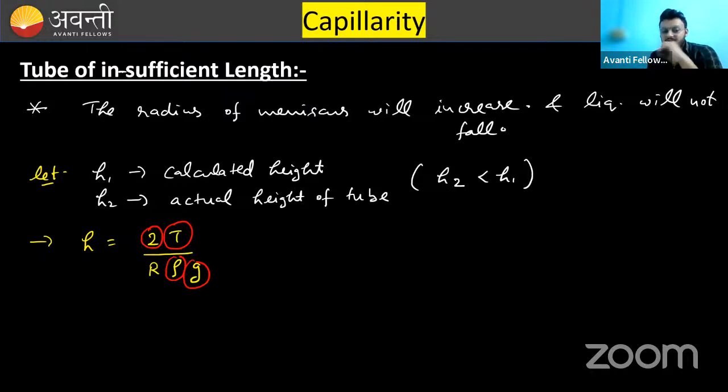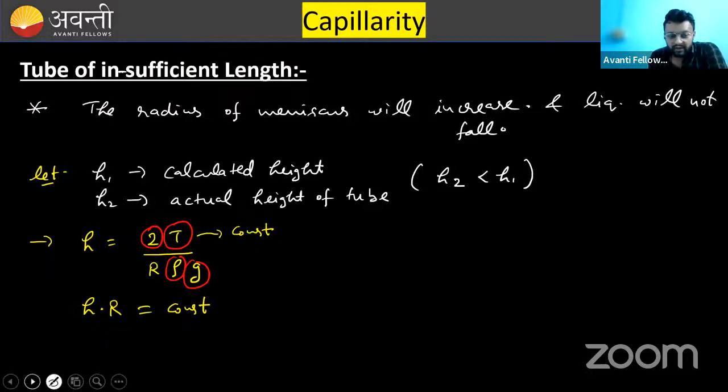Everything is the same. So if I transfer R here, H into R is a constant, because all other things are constant. These red circles are constant. So H into R is a constant, or you can write it as H1 R1 is equal to H2 R2.